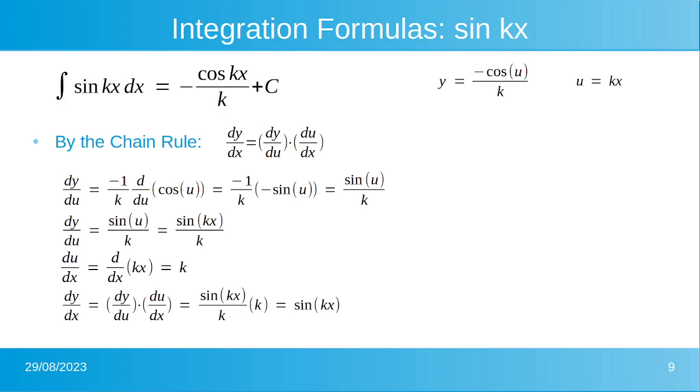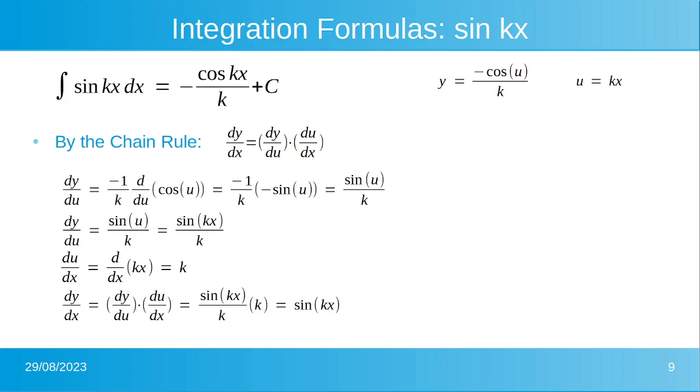If we remember from differentiation and the chain rule, the derivative with respect to x, dy dx, is going to be equal to dy du, the derivative of y with respect to u, multiplied by du dx, which is the derivative of u with respect to x. So we can work out what dy dx is if we work out what dy du is, and we work out what du dx is, and then multiply them together.